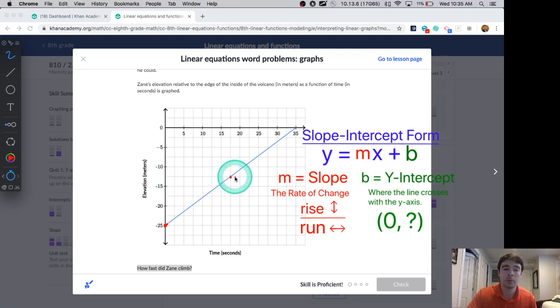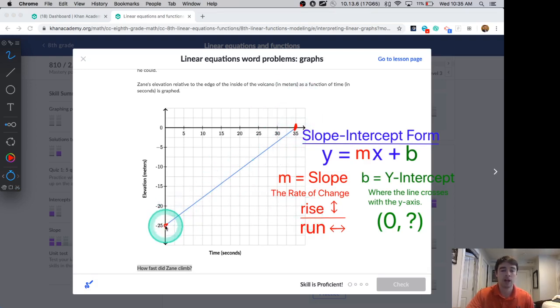So that's not a bad point, but I'm going to keep looking. And I see by the end, when Zane finishes up, this is right exactly on the 35 second mark, or the 35 mark for x. So I'm going to ignore this middle data point, which you could have used, and I think these, to me at least, are 2 of the easiest data points to use to measure Zane's speed.